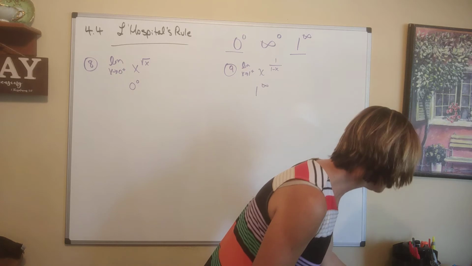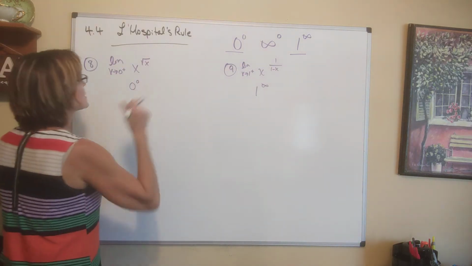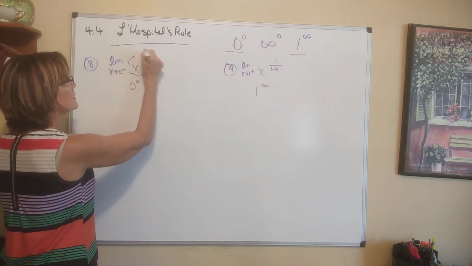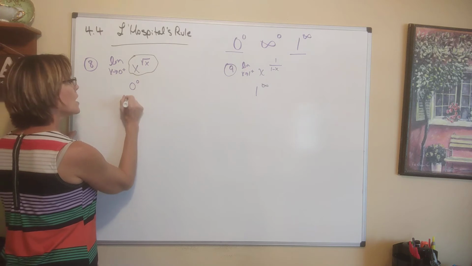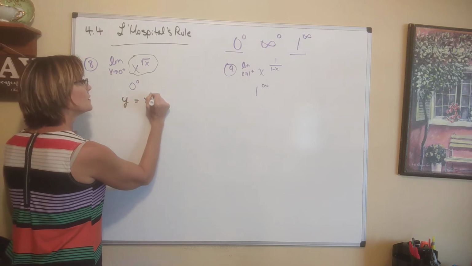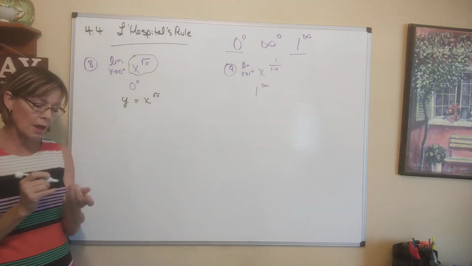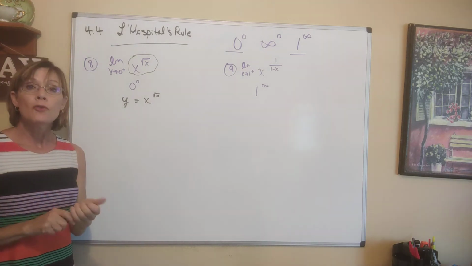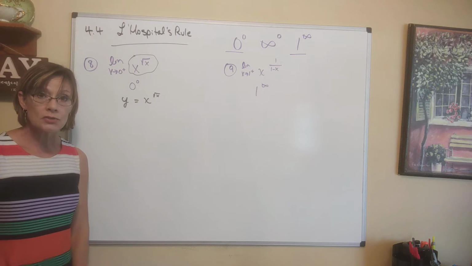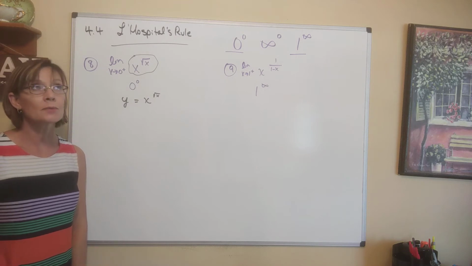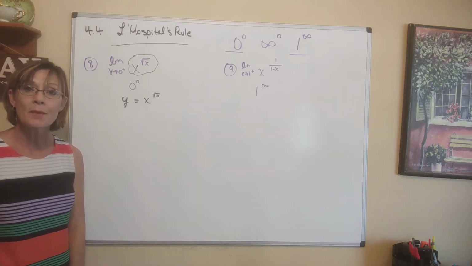You say, this is a function. Let's think of x to the square root of x as a function. y is x raised to the square root of x. What we're going to do is what we have done before, and it's very helpful sometimes to introduce a log when you have a power, because we get to use the properties of logarithms, the power rule.